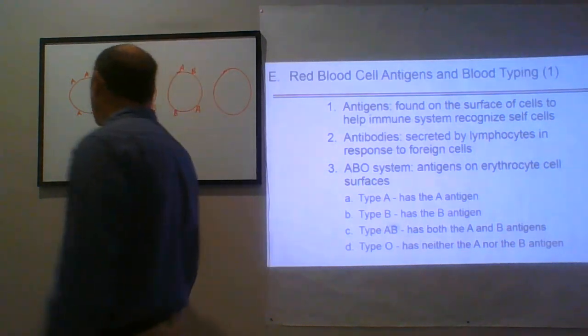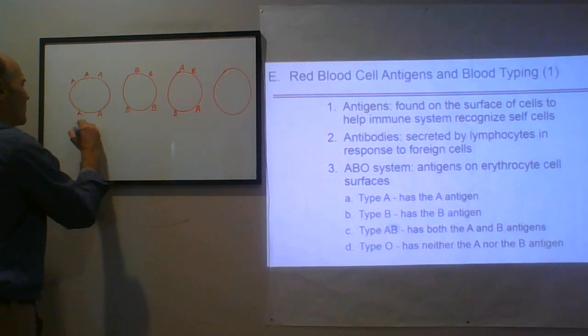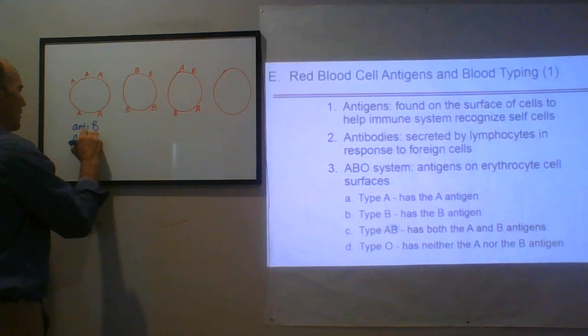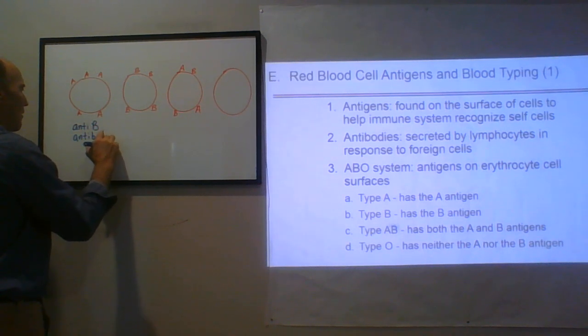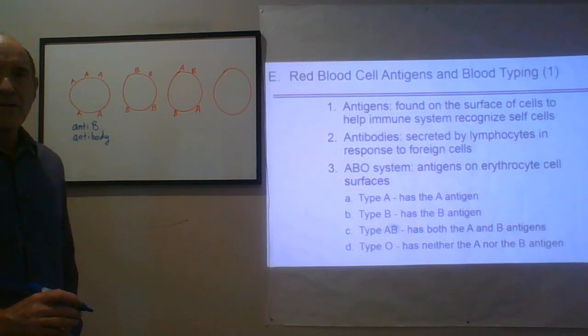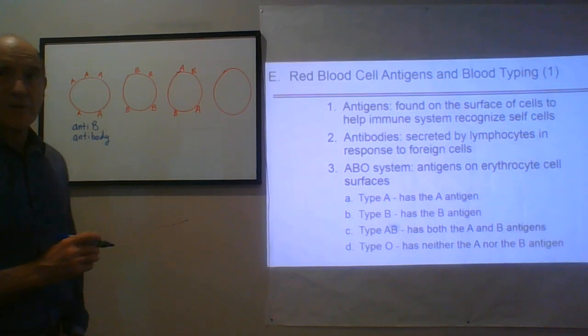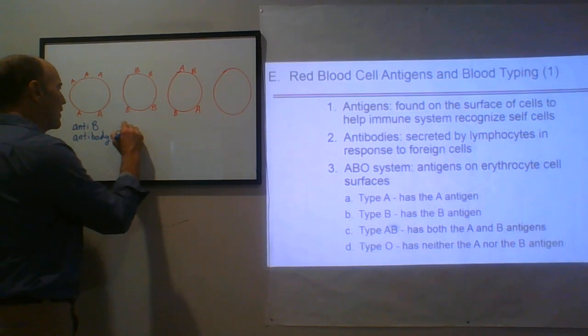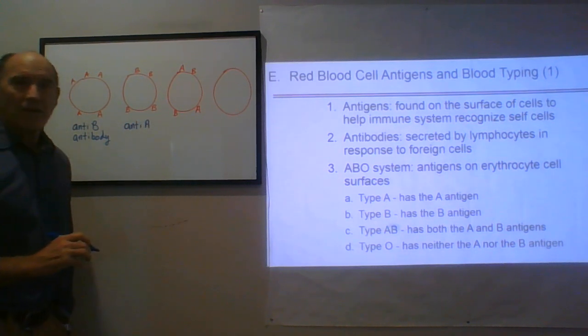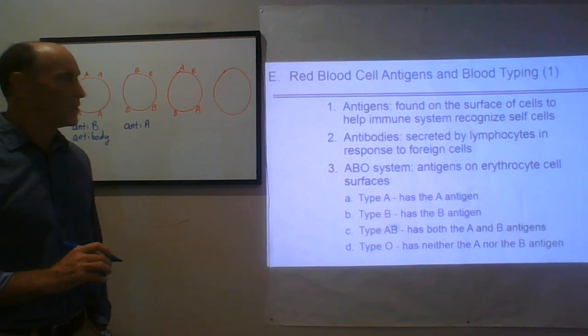So in other words, the A-type blood people have the anti-B antibody from birth on in their blood plasma. The B folks have anti-A antibodies in their plasma floating around.